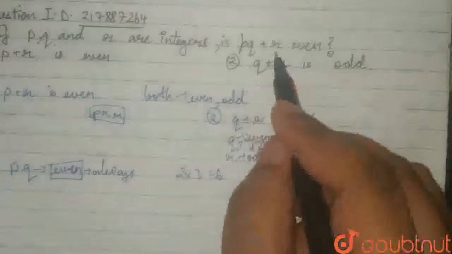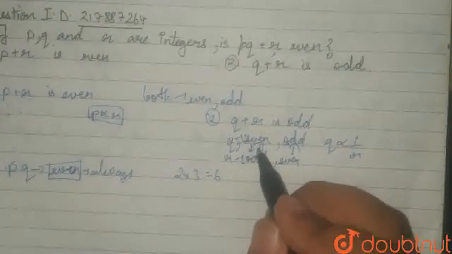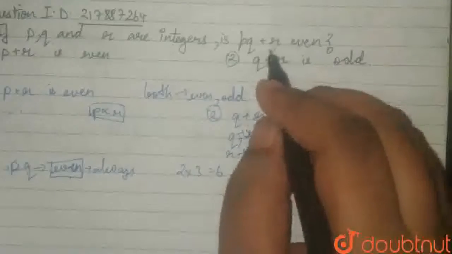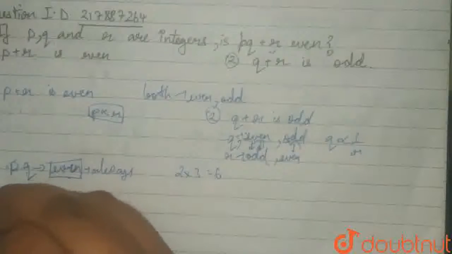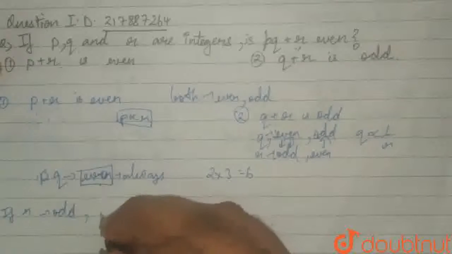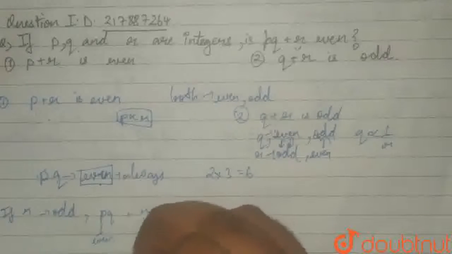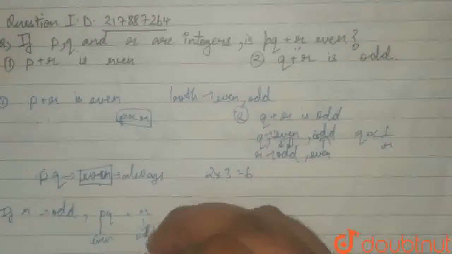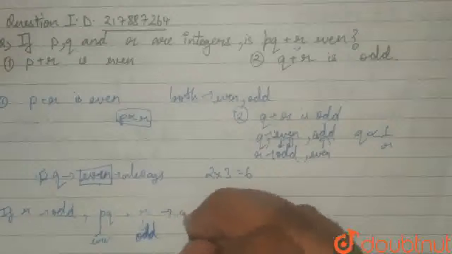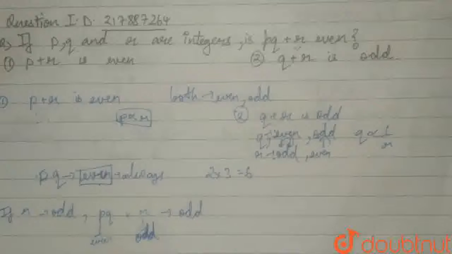Now let's look at R. Now let's say P is odd, R must be odd, Q must be even. P into Q is always even. If R is odd, PQ, that is even, plus R, that is odd, turns out to be odd, since we're adding an even integer and an odd integer, which results in an odd integer.